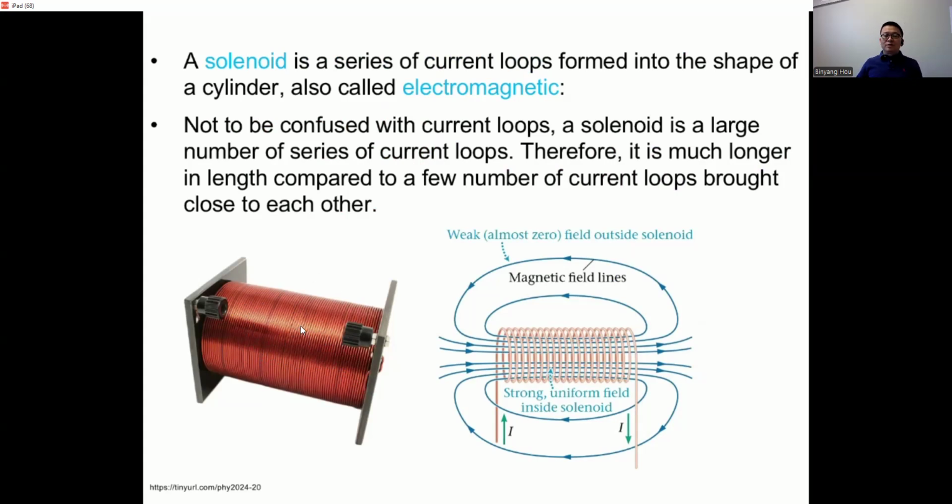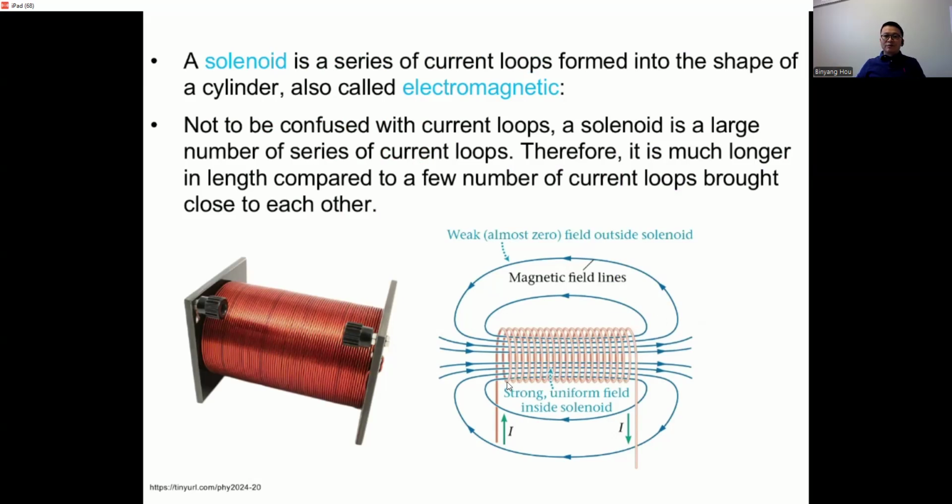For each loop, let's say you send current through here, going this way, you can use your right hand rule again at any given location, right? So at the top of one of the wires, the current direction is pointing out towards you, and your four fingers will curve in the direction of the magnetic field. So the magnetic field should be going in this fashion, as indicated in the figure over here.